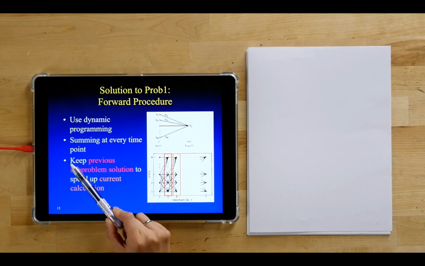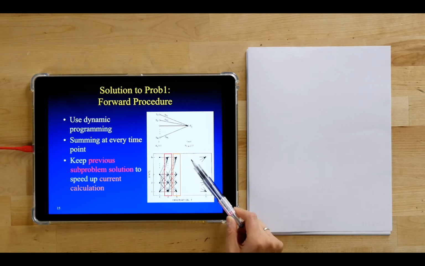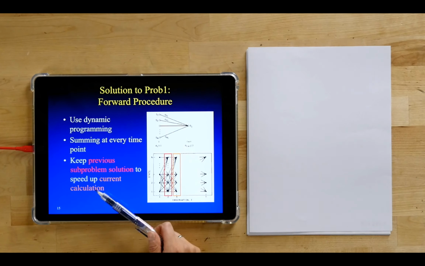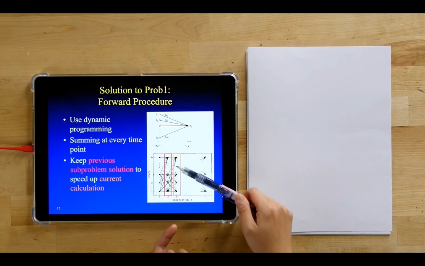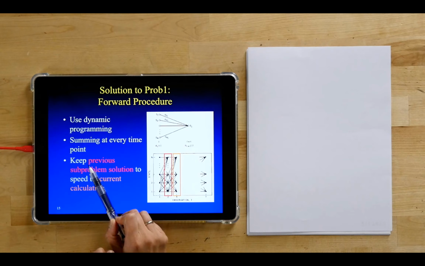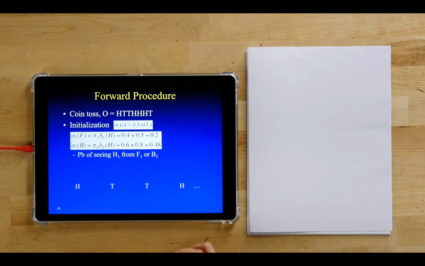Therefore, we try to keep track of what result we got from the previous solution before we move to the next step in the path. And we try to keep track of the numbers and do the summations early on and use those numbers in the later calculations. And this can help to speed up the calculation by keeping track of the previous sub-problem solutions. So let's look at this from the coin flip example.